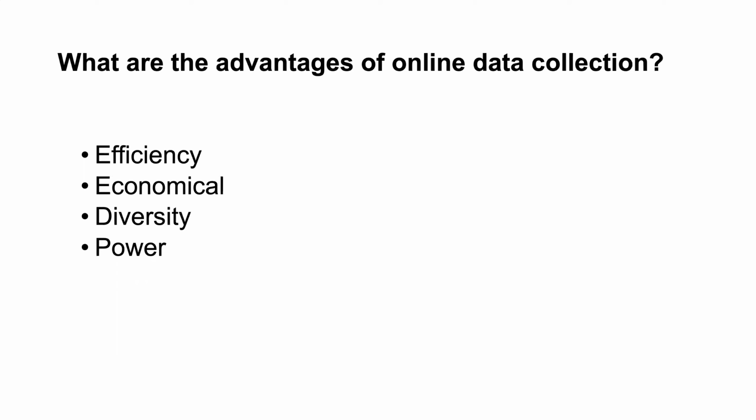So online data collection allows us to increase the power of our experiments. So instead of collecting 20 people or 30 people, we can collect 500 people or 600 people. So online data collection allows us to increase the power of our studies, to make them more replicable, and hopefully people will be more willing to believe the effects that are being found.